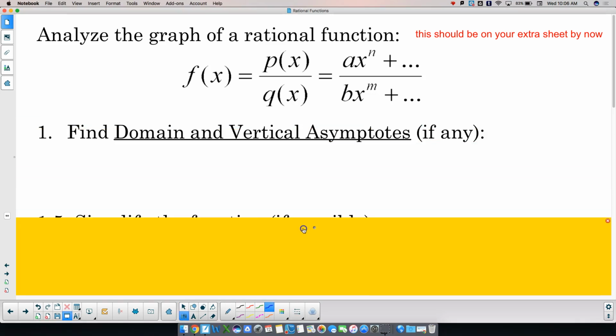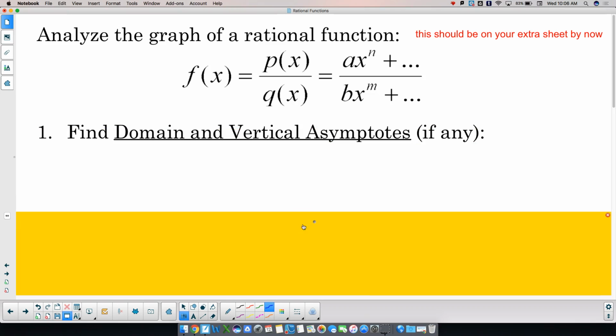So we find the domain and any vertical asymptotes, and we do that by setting the denominator equal to 0. And then we solve for it. And any place that it does equal 0 goes into our restrictions. Fantastic. Step number 2.